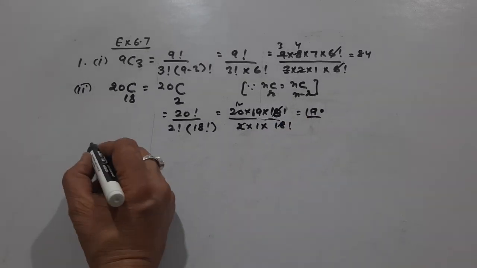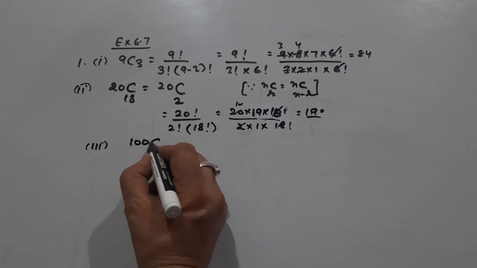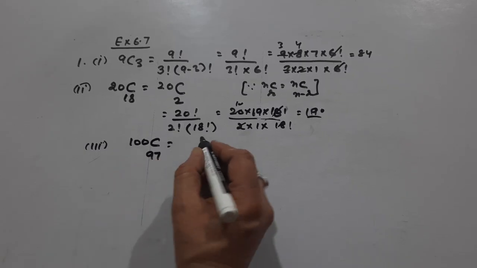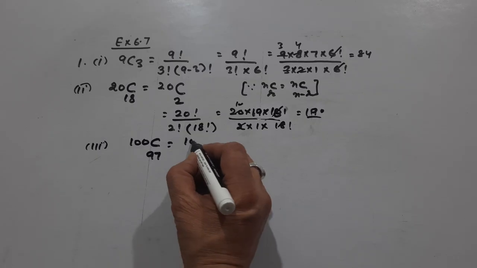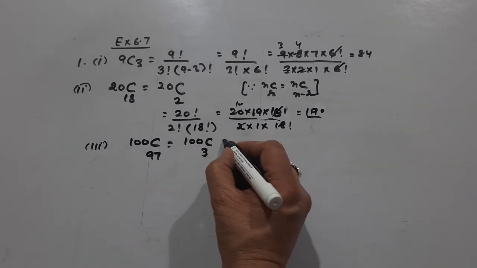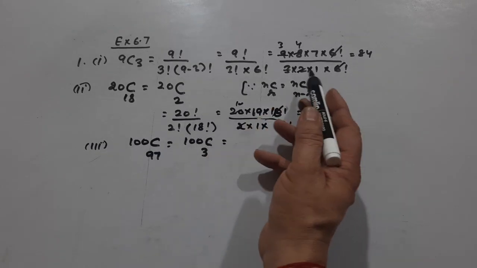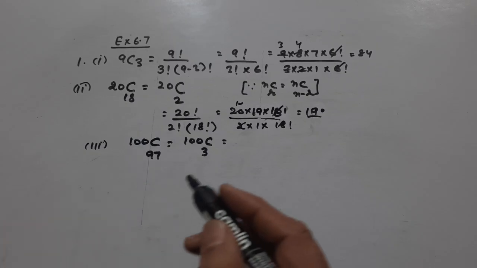Now the third part is 100C97. So 100C97 is equal to 100C3, right? Now students, as I told you in binomial theorem also, if we don't want to use the formula, there is a shortcut.